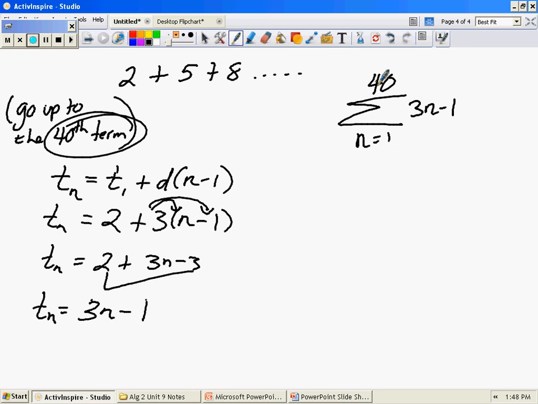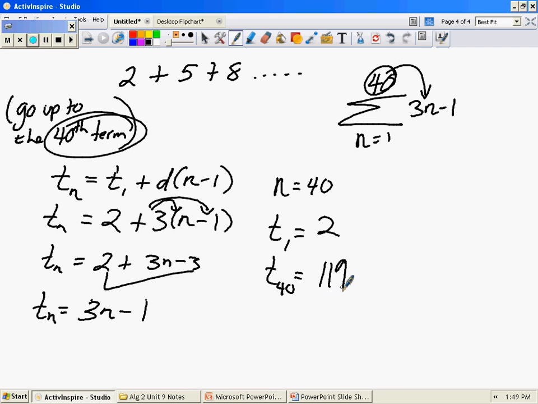So now we just need to find our 3 variables. So what does n equal for our formula? N is 40. How do I find T1? You could just look at the series or plug it in. In this case, we'll just look at the series. What's T1? 2. Now here's the part that we can't just look at because they didn't give it to us. What is T40, the last term? Well, we got to plug it in. So if I plug 40 in, that's 120 minus 1, which is 119.